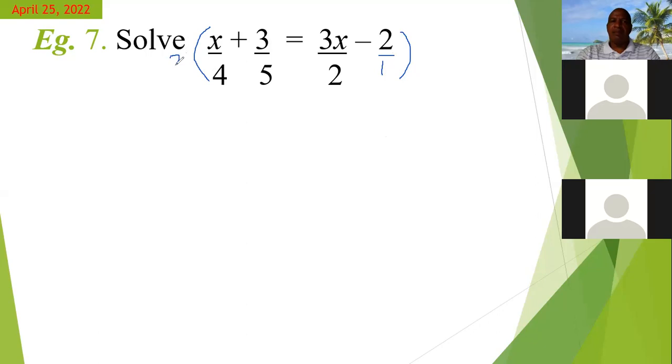All right, so if I multiply everything by 20, now what would this do? This is how it would work. So we would say 20 times x over 4. All we would do is cancel the 4 with the 20. So 4 into itself goes 1. 4 into 20 goes what? 5, sir.